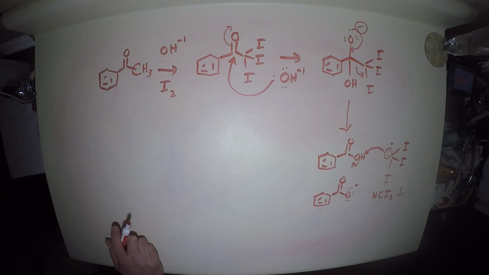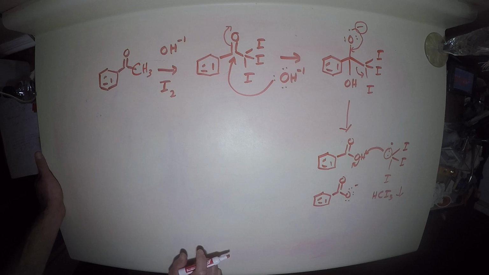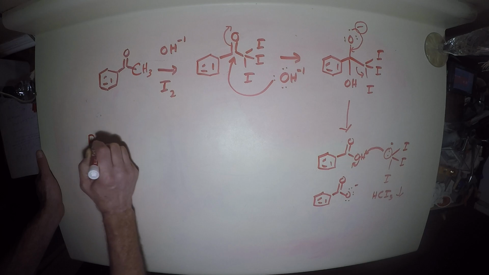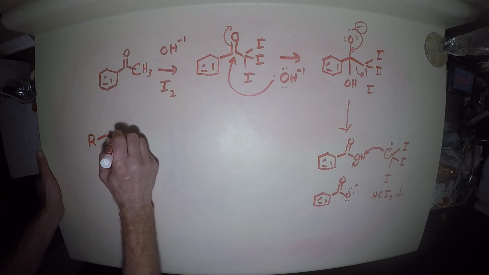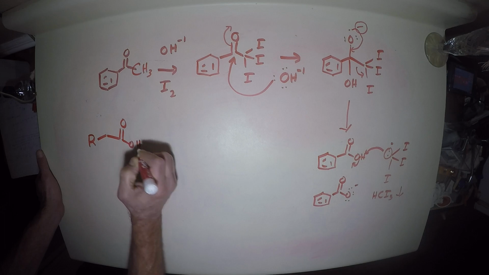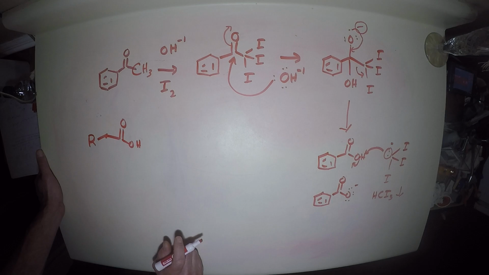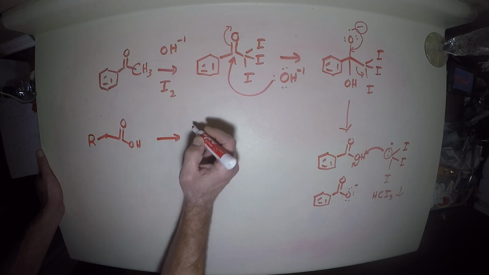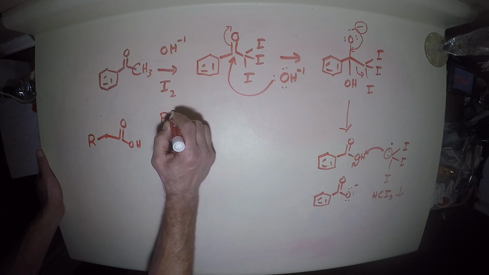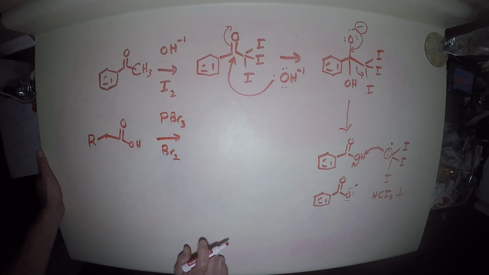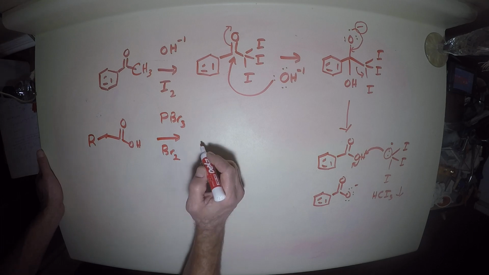And rounding out our other halogenation reactions, included in this topic would be the Hell-Volhard-Zelinsky reaction, which takes carboxylic acids that have an alpha carbon with at least one H, and using a system like phosphorus tribromide and bromine, putting a bromine alpha to the carboxylic acid.